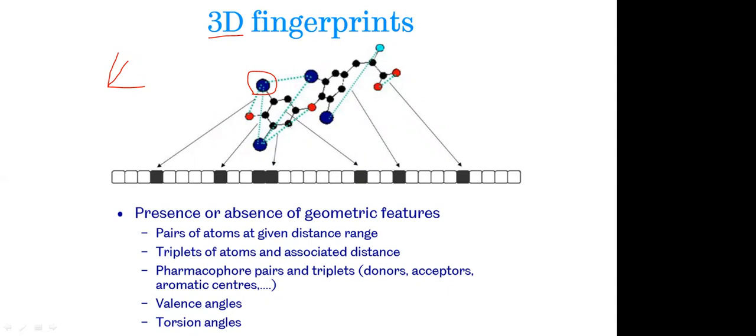So the distance range and the angle are also considered for the donors or acceptors, aromatic centers, and the hydrophobic or hydrophilic centers of the ligand molecule. Torsion angles play an important role in 3D fingerprinting, and this 3D fingerprint is considered for searching the database.